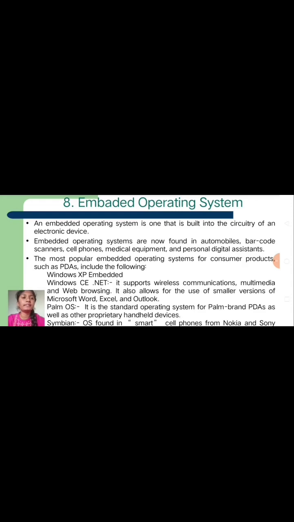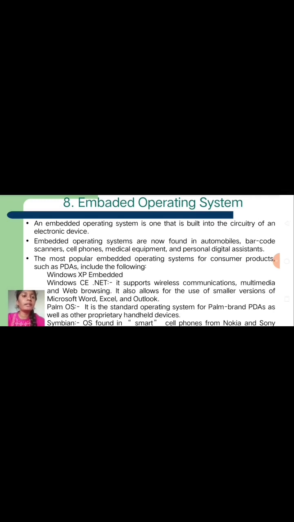Next, embedded operating system. An embedded operating system is one that is built into the circuitry of an electronic device. Embedded operating systems are now found in automobiles, barcode scanners, cell phones, medical equipment, and personal digital assistants.